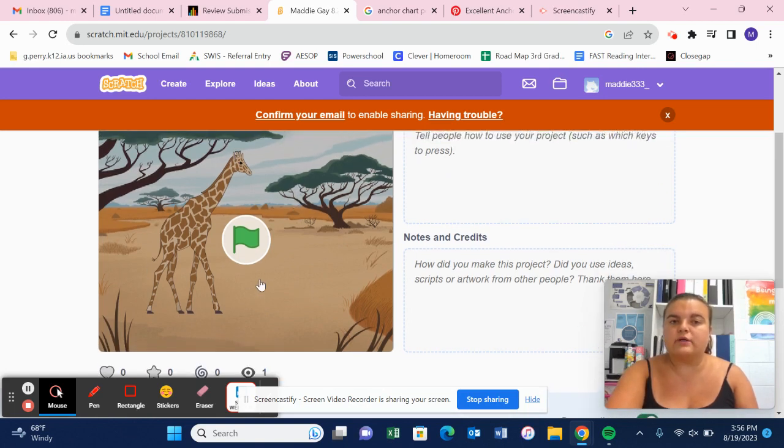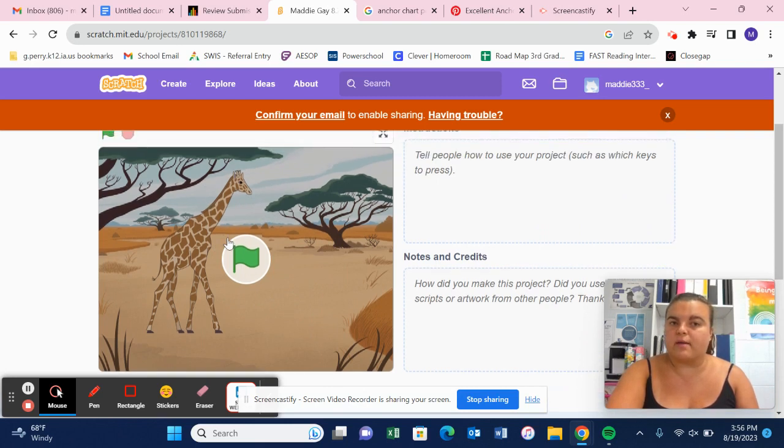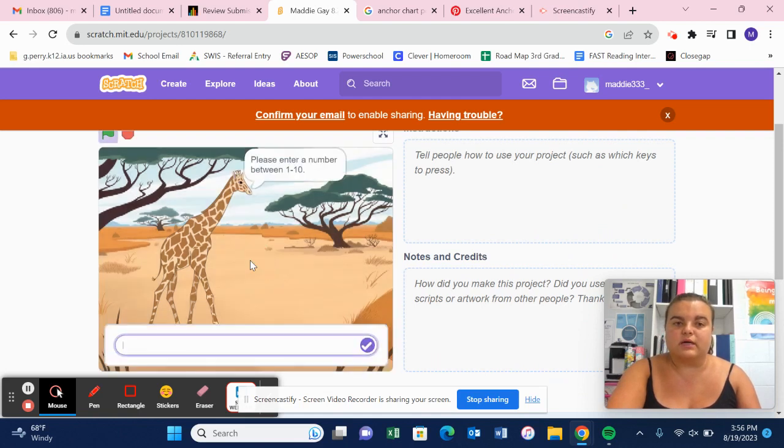I created a picture of a giraffe because last summer I went to the zoo with some of my family and our friends. We all went to the zoo and we got to see lots of different animals, and it was a lot of fun. So that is what I chose to do for my personal narrative because it's just a small moment in my life. And so this was my Scratch project that I decided to do.